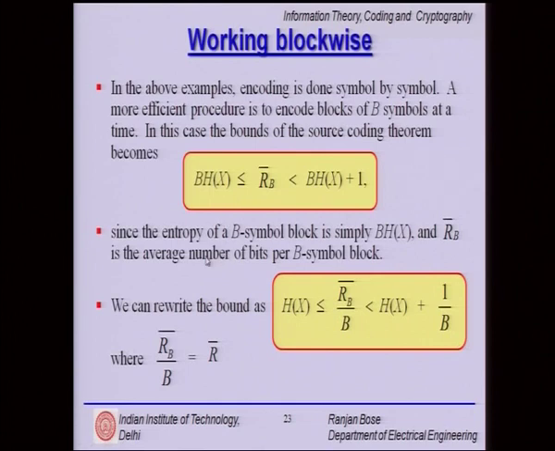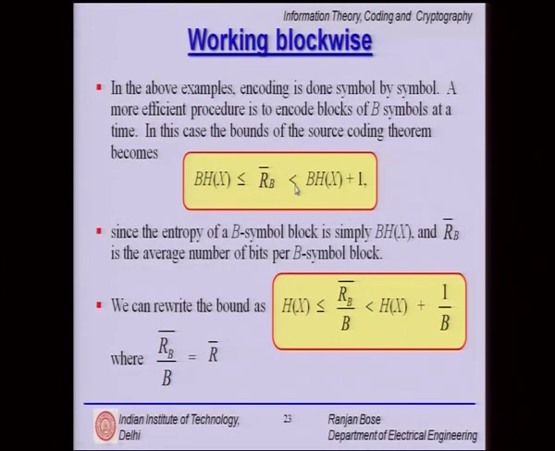Since they are independent, if the source has an entropy of H(X), the blocks of B symbols would have an entropy B H(X). And if we apply the source coding theorem, because we treat these combined blocks as super symbols, then we will have a corresponding R_B, and it is upper bounded by B H(X) plus 1.